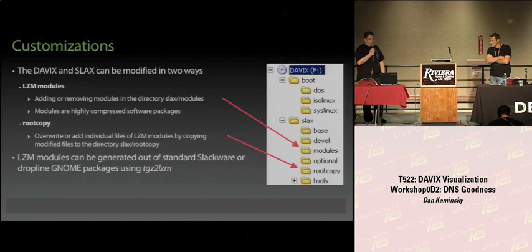And if you would like to overwrite a single file, maybe there's some config file which doesn't suit your needs, you can do that as well. There's a thing called root copy, and in there you can add your individual files you want to overwrite on the CD. So how DAVIX works, actually how Slacks works, is it first loads all the modules and then it copies all the things which are in root copy into the memory file system. So that's really a nice thing to customize.